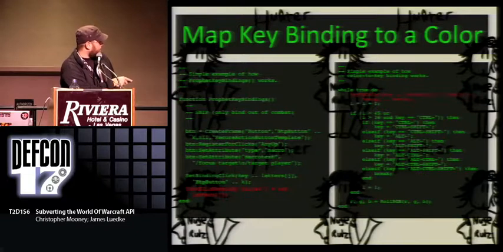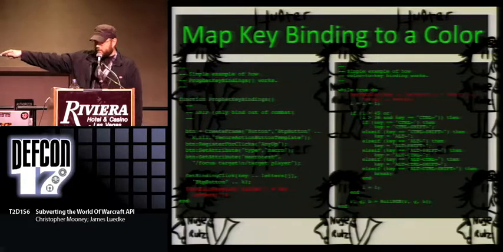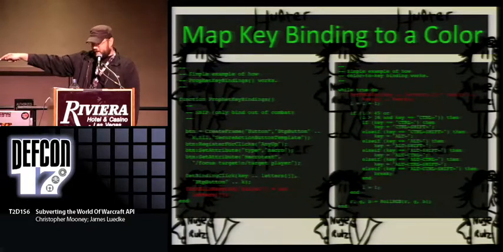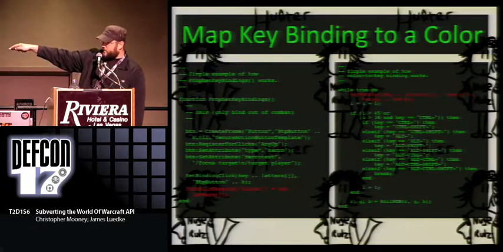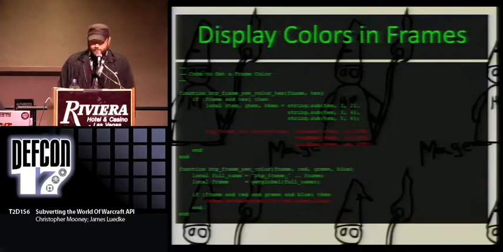And then there's another function up here, which I actually can't remember what this. Yeah, so this is going to take keys and bind them to RGB values. And this is a bunch of rolling through different keys, and we're going to bind it to a bunch of those RGB values. So then we display the colors in some frames.